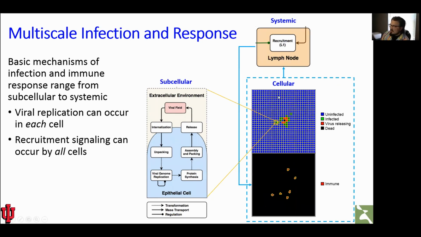So we have a sort of global systemic scale where the total cellular population exhibits signaling upwards in scale to the systemic level, in which case there's a corresponding response back to the cellular domain, whereas when we look into each individual cell, we have a running model of the current state of infection inside of the particular cell.